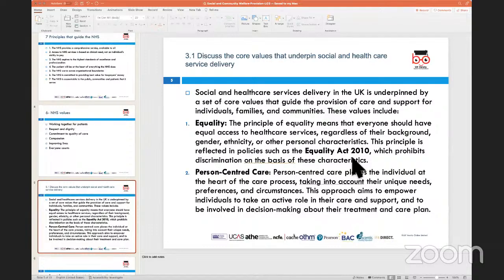If we keep the Equality Act of 2010 in mind, then anyone working within the NHS, in a positive manner, would be following the two principles, which means that no person would be discriminated against on the basis of their background, race, gender, ethnicity, culture, values, belief, or religion.